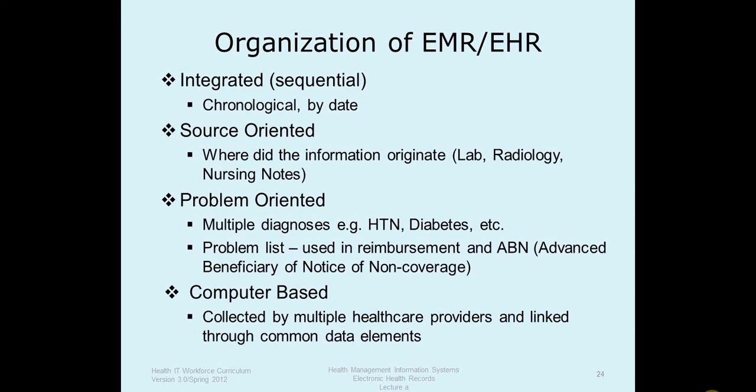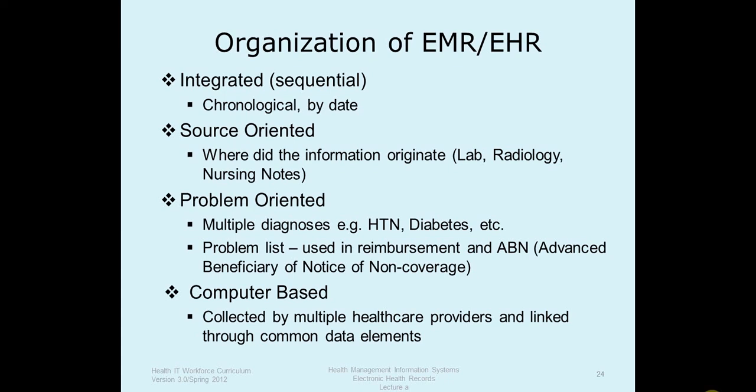Problem oriented is usually used in a physician office is where you're going to see this. And there's 2 reasons for it. The first, usually it can be because the physician, they're problem focused, right? They're managing long-term disease, or maybe a specialist doctor like a heart doctor.